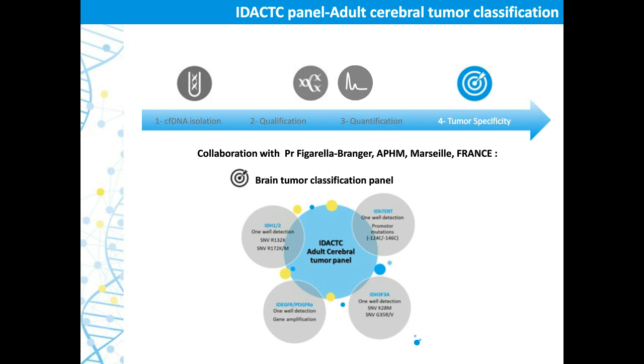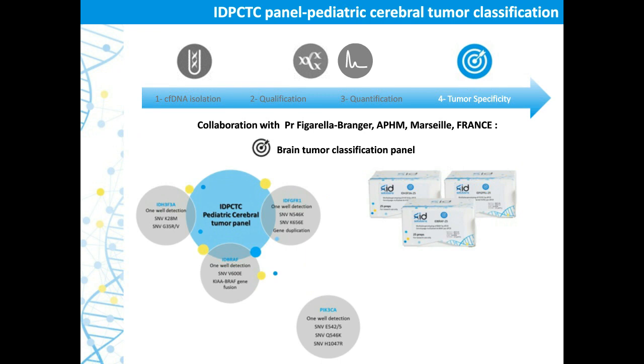The adult cerebral tumor classification is composed of 4 assays: one targeting IDH1 and 2, one targeting mutations in the promoter of the TERT gene, another one targeting the histone H3 F3A, and one for the amplification of EGFR. The other panel is composed of 3 assays.